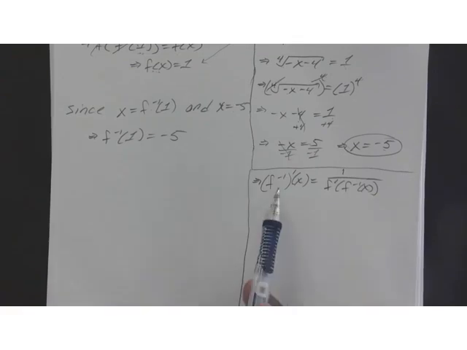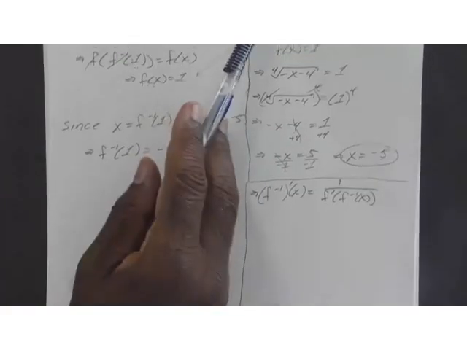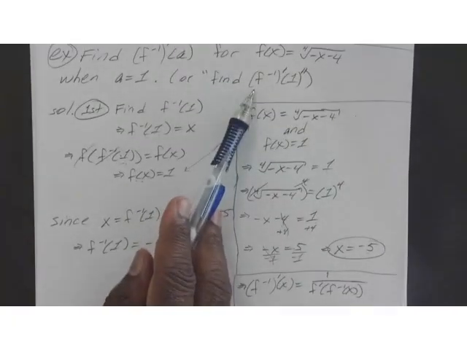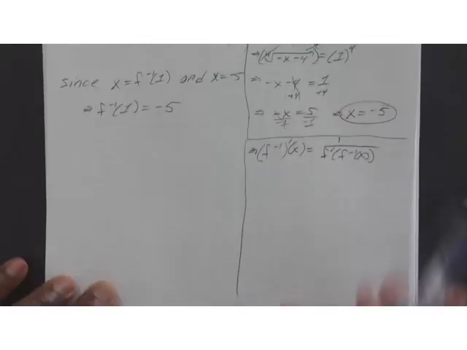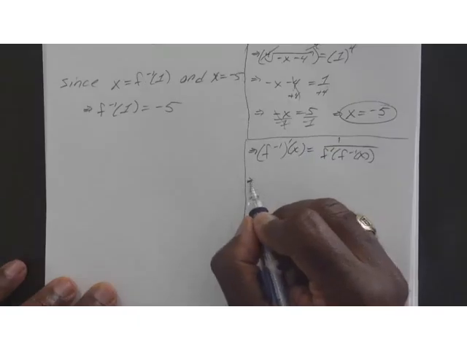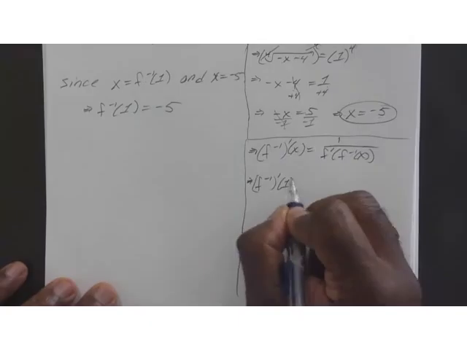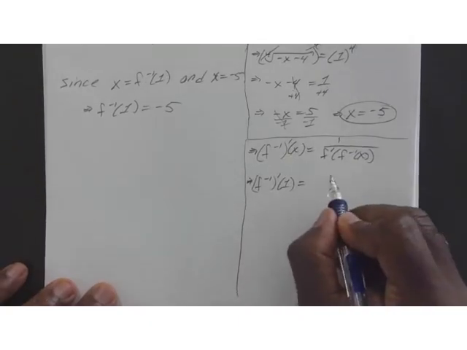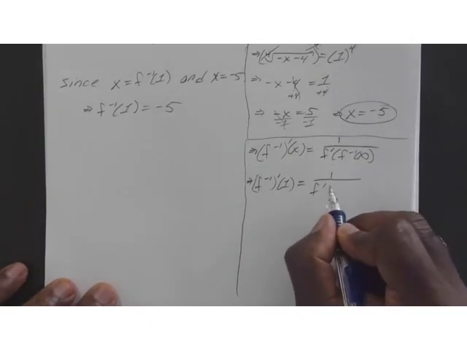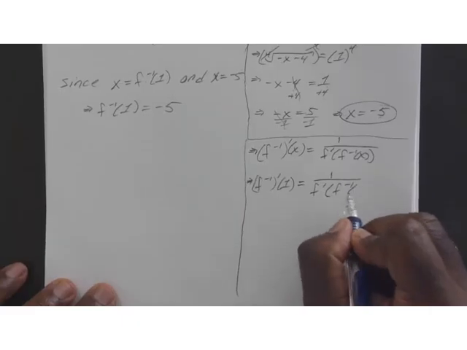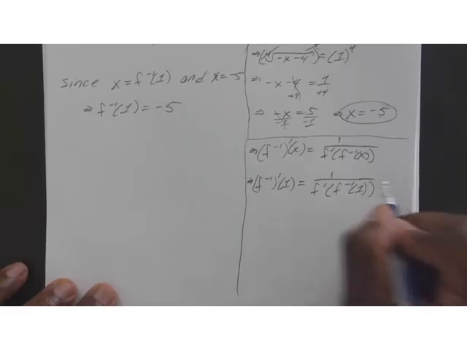Okay. What we're looking for, the inverse derivative at 1. So f inverse prime at 1 is equal to 1 over f prime of f inverse at 1.